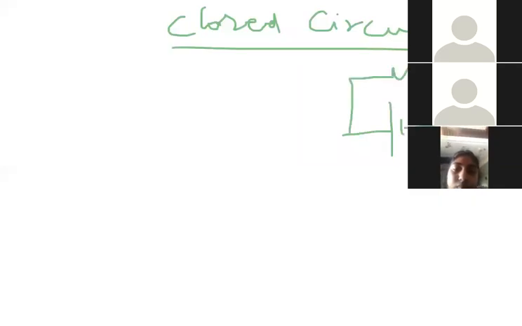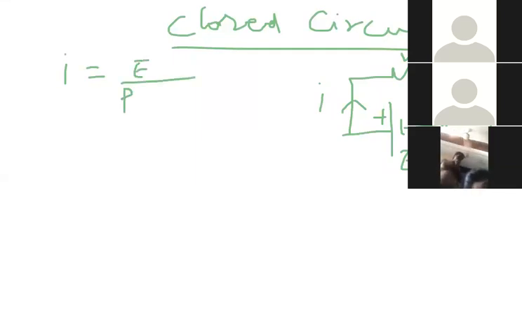This is external resistance capital R and this one is internal resistance small r, EMF E, potential difference across them V and V dash, and the current flowing is I. Current always travels from positive terminal to negative terminal. So what are the things we noticed? I is equal to E by capital R plus small r. So E is equal to V plus V dash.